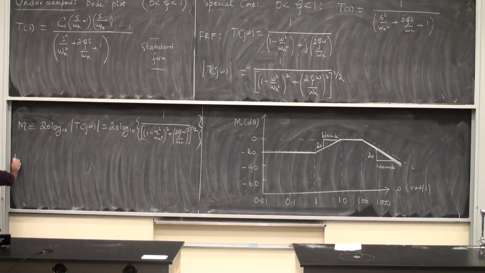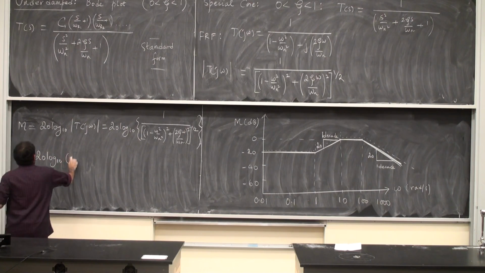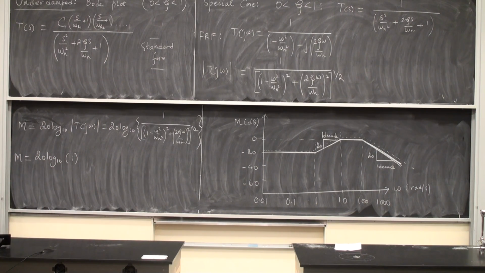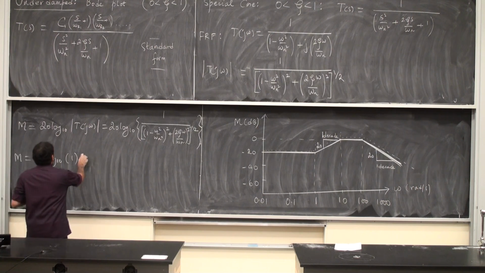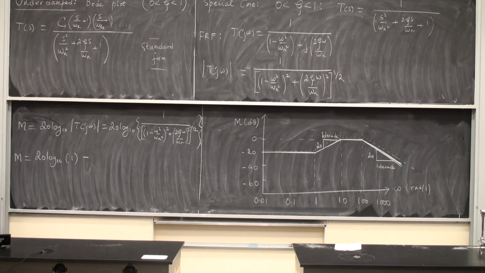So capital M is 20 log 10 of 1, which is the numerator, which is obviously 0, minus, I have a square root, so the factor of 20 becomes 10.